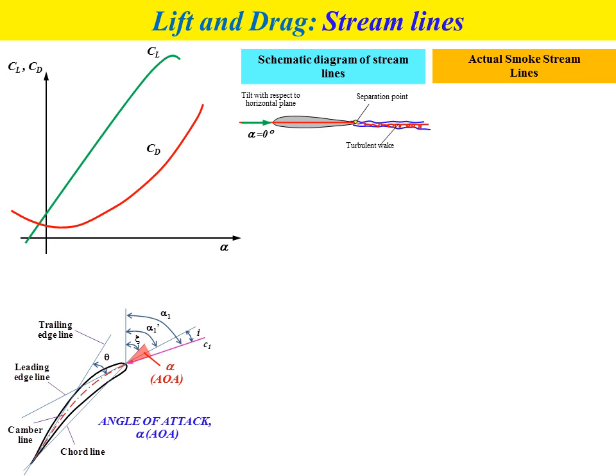And the yellow point represents the separation point. The point refers to the starting point of the region where the fluid flow detaches from the upper surface of the blade.